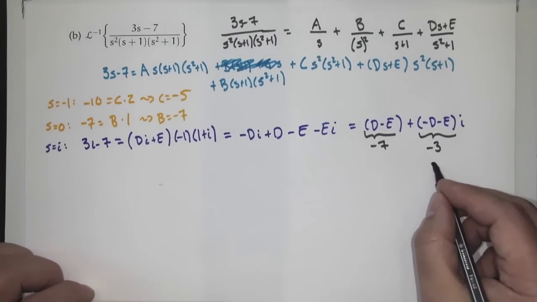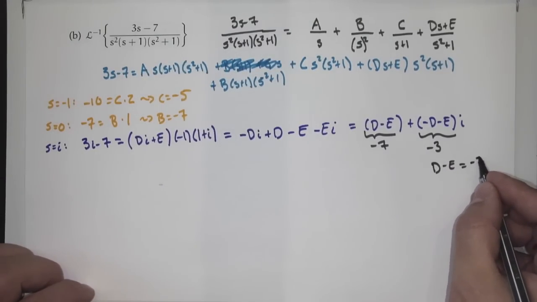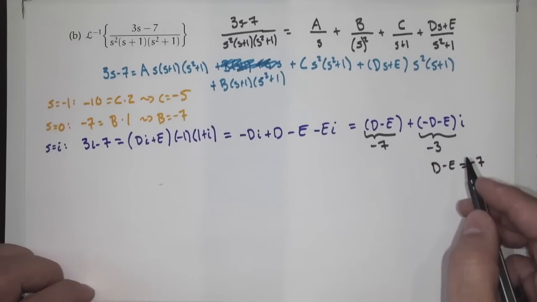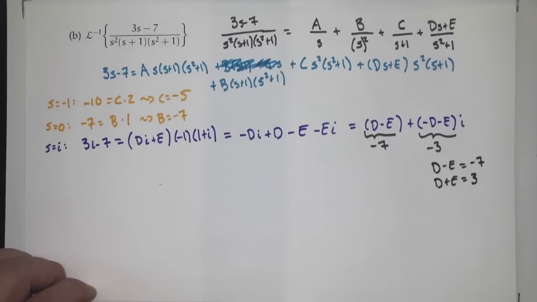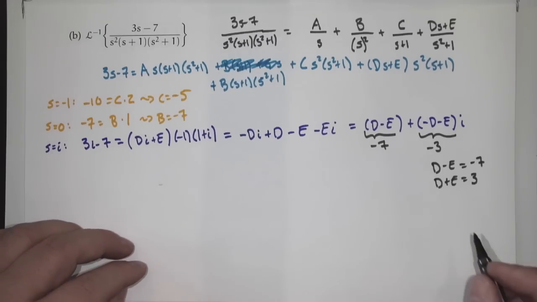So we now know that D minus E is negative 7, and if we just multiply everything through by negative, D plus E is 3. Well, can we use that to solve for D and E? Yes. Let's add.